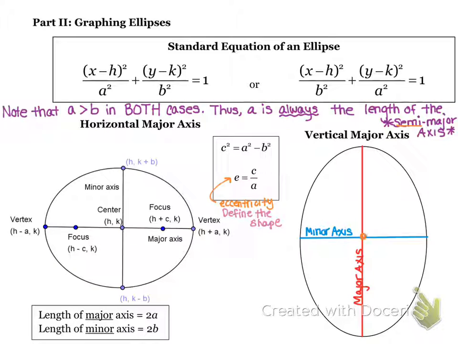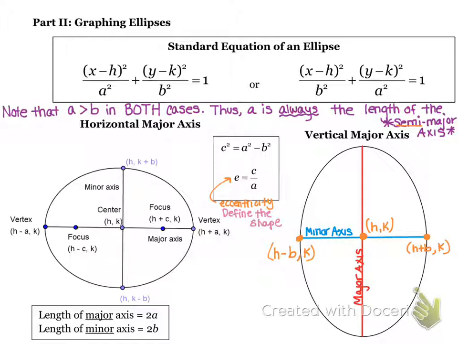So in the middle we have our center, which is labeled h, k. So over here on the right of the minor axis, we are going to do the h value, so from the center, h plus whatever our b is, because remember, b is the length of the semi-minor axis, comma, my k value. And then over here on the left, we have h minus b, and then my k value as a point.